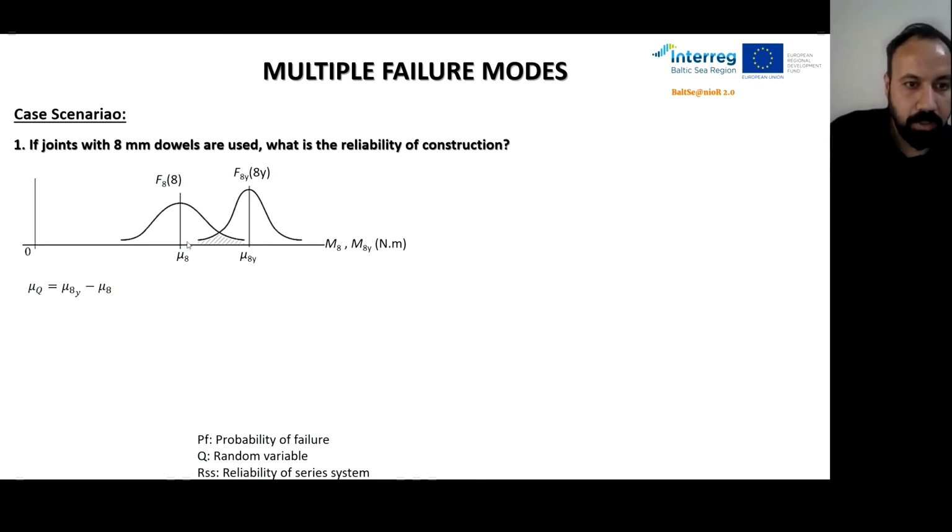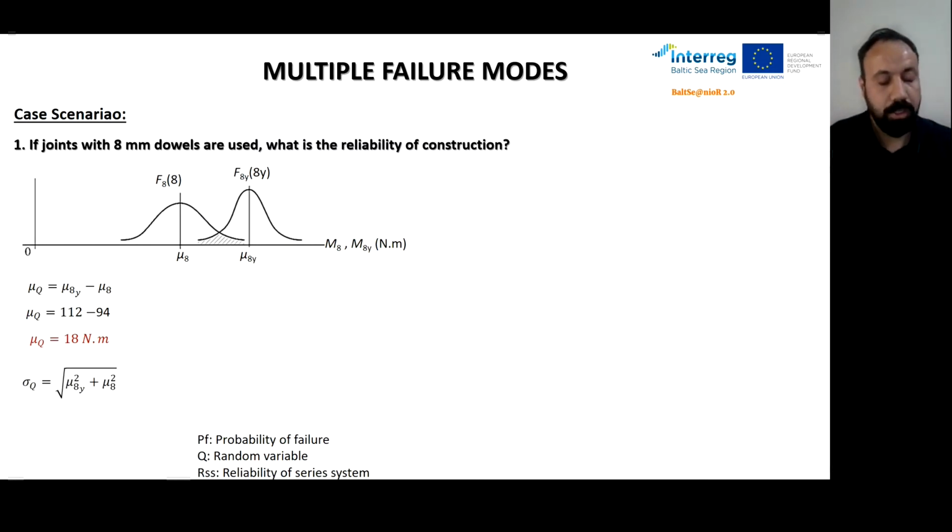I know these values from the former slide, which I give you from my test results. This is the mean of the joint with 8 millimeters, and this is the construction, 94. So I calculate that mu Q is 18 Newton meters.